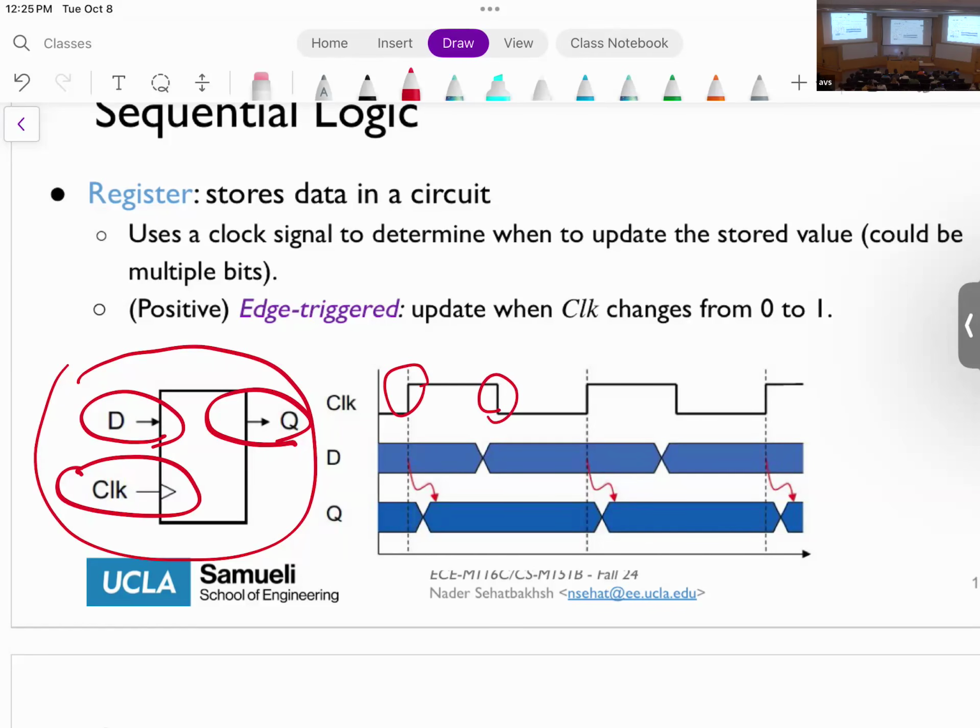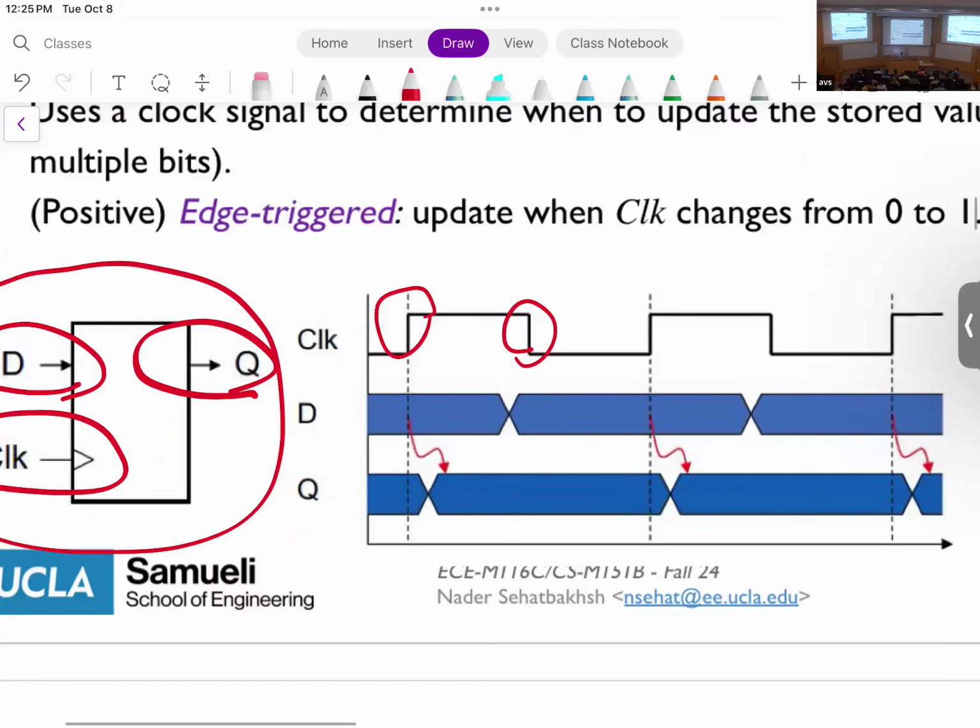So this is the timeline that I'm showing you here. The clock comes, okay? I'm providing some data here, and Q is the output. The positive edge of the clock comes, and after some delay, this is not instant. There is some time between the time that the clock comes and the output is updated. So the data will be updated at this point, right?